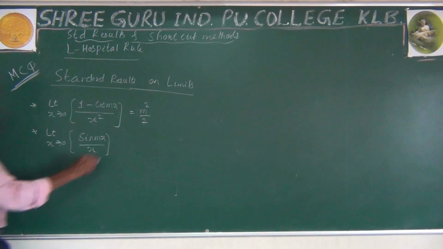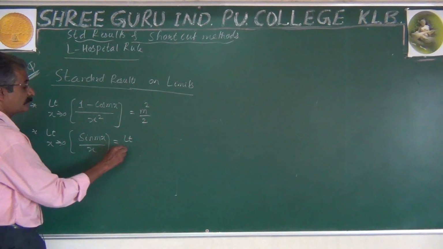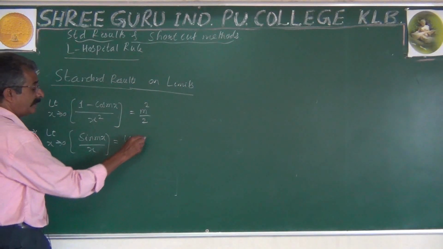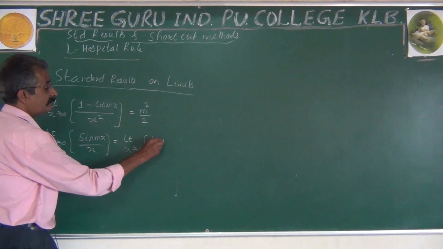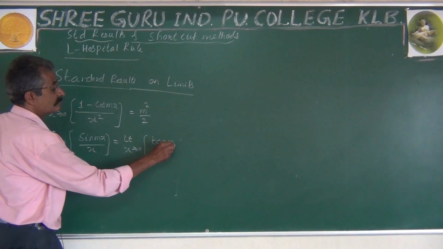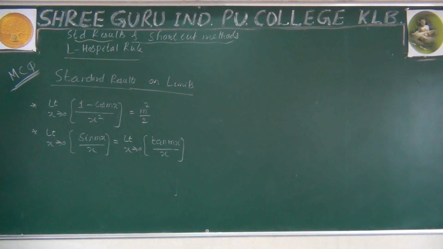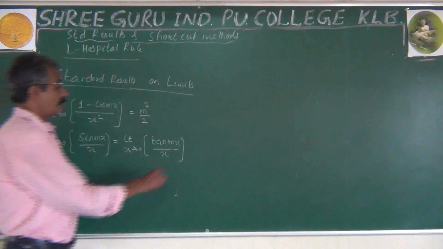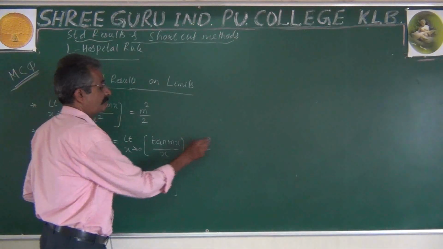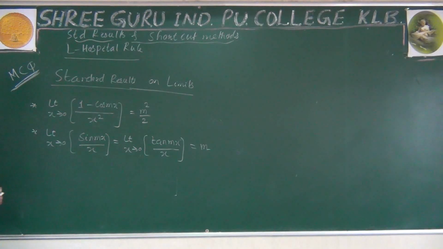It is equally the same as limit x tending to 0, tan mx divided by x. In these two cases, the answer is always m. Actually, we have to multiply and divide by m. Here m by mx, sin mx by mx value is 1. 1 into m is m.